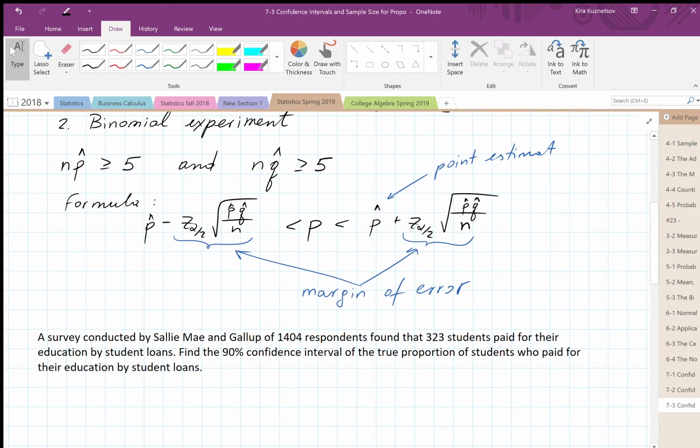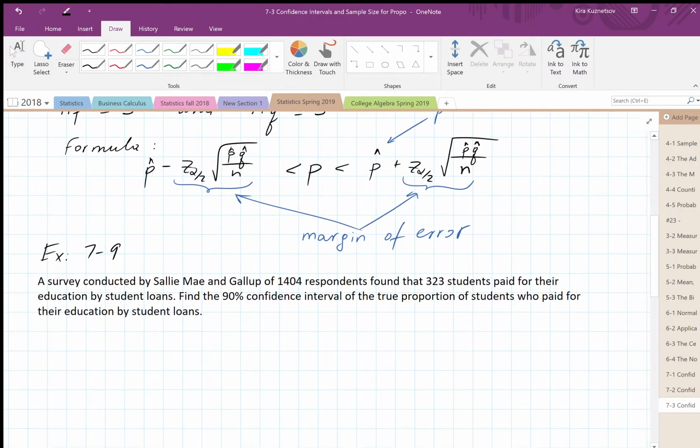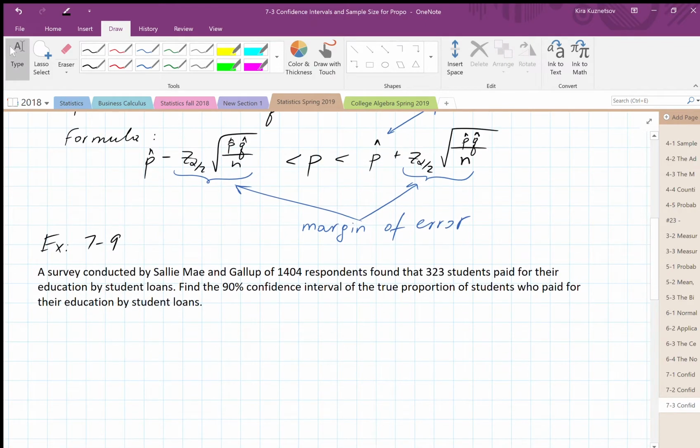What we're going to do is start with example 7-9. The example says, a survey conducted by Gallup of 1,404 respondents found that 323 students paid for their education by student loans.